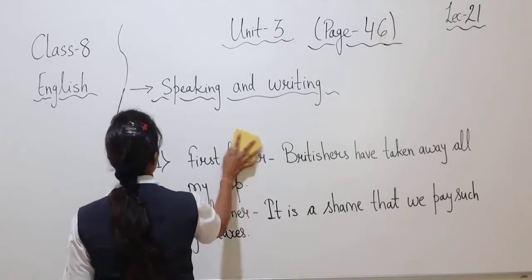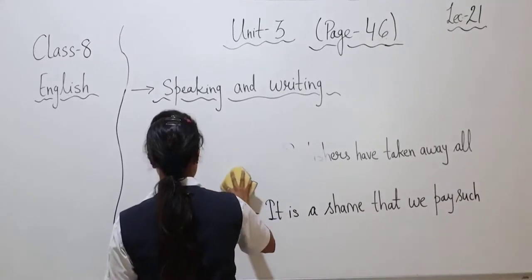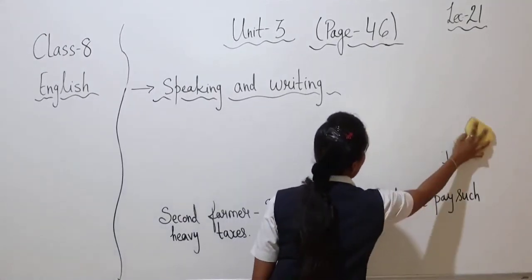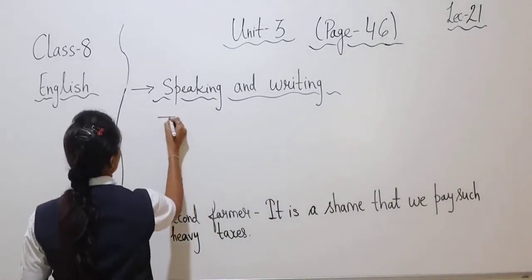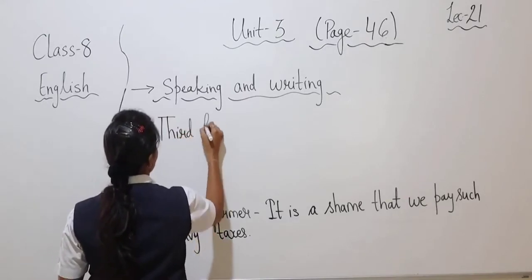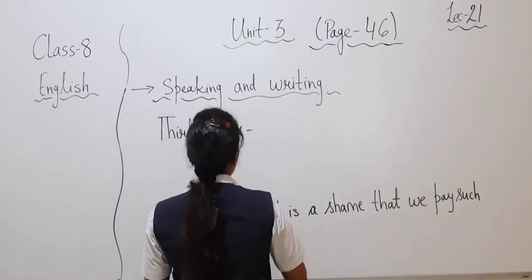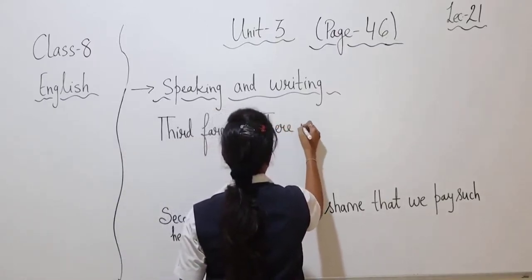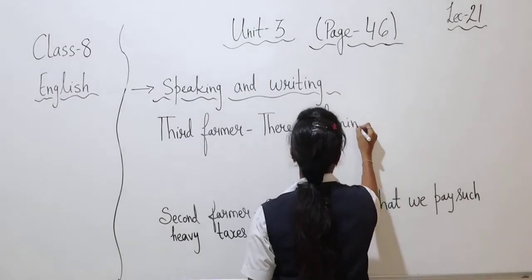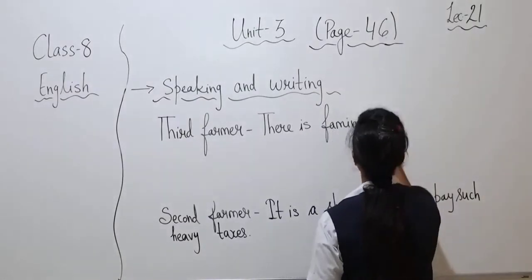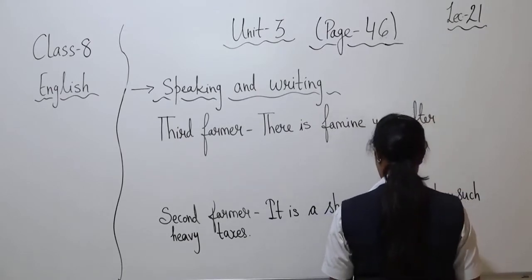So third farmer, write down in this answer only. Now third farmer, dialogue. Okay, so third farmer: there is famine year after year.